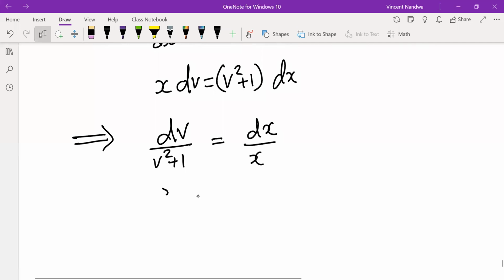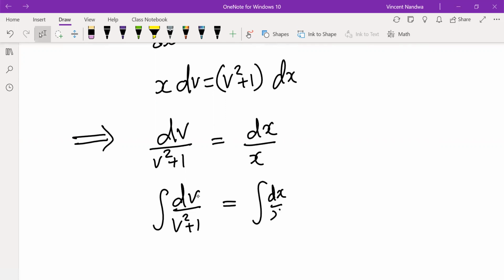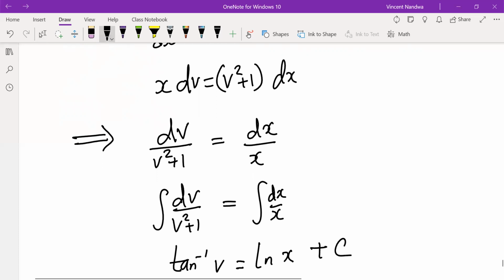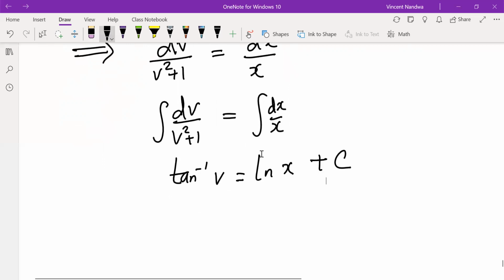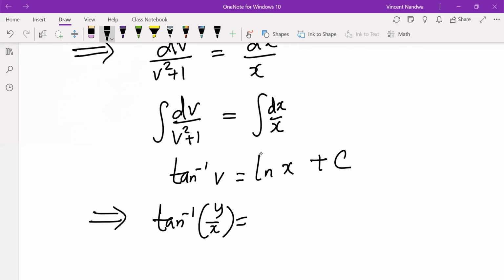Next step is just to integrate dv over (v squared plus 1) and dx over x. This one is a standard integral whose value is tan inverse of v. This will be ln of x, then plus a constant of integration. So which tells us that tan inverse of v, remember v is y over x, will be given by ln of x plus c.